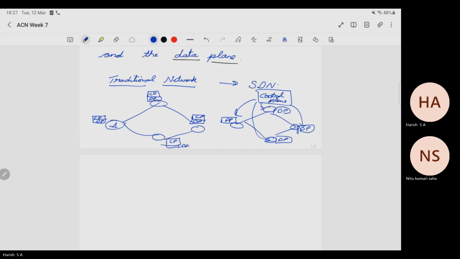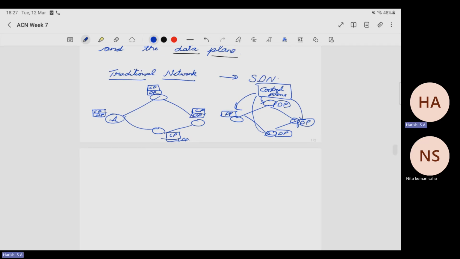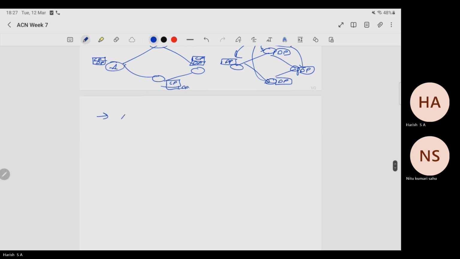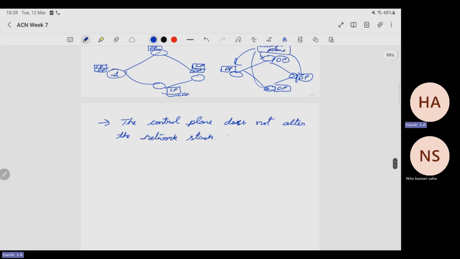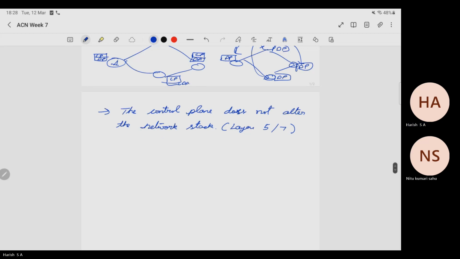The point that I'm trying to bring out here is the fact that the control plane does not alter the network stack. When I say network stack, it is the layers. You can say there are 5 or 7 layers as per your preference, but consider the lower number.